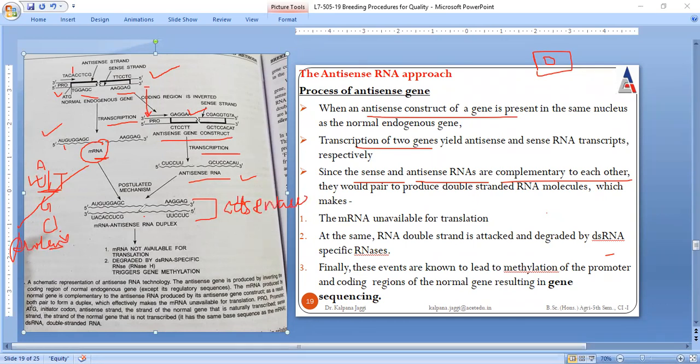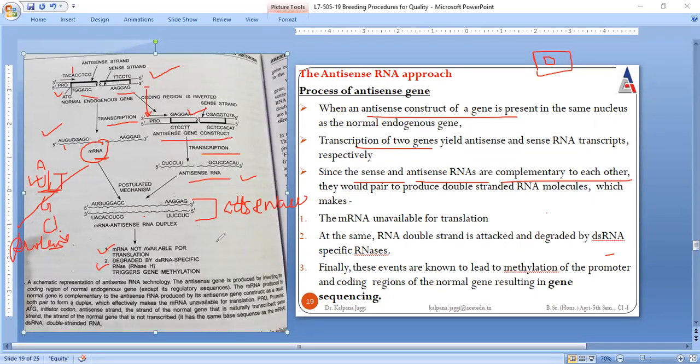And so these are the two conclusions as a result of pairing of these two strands.